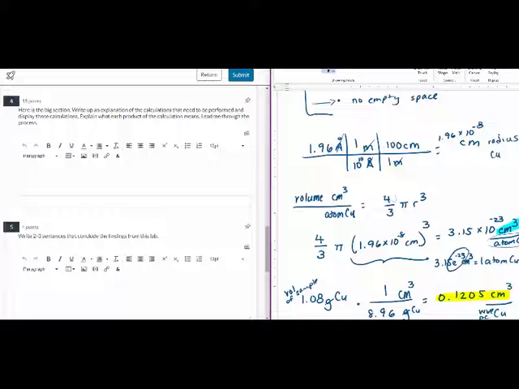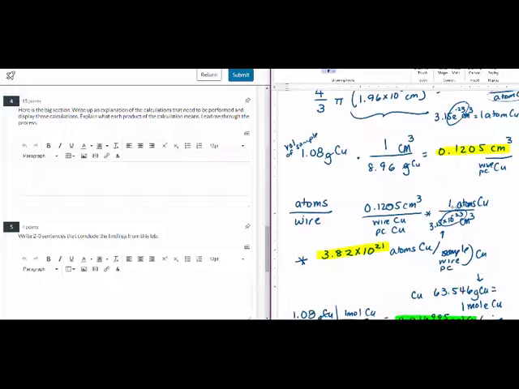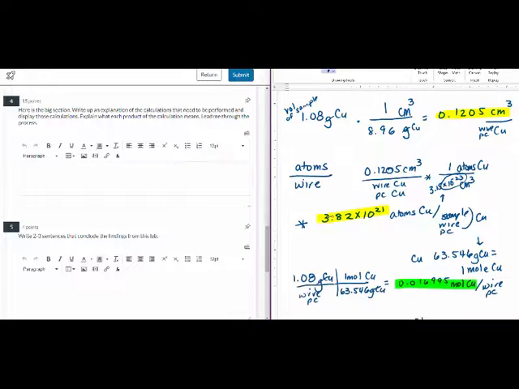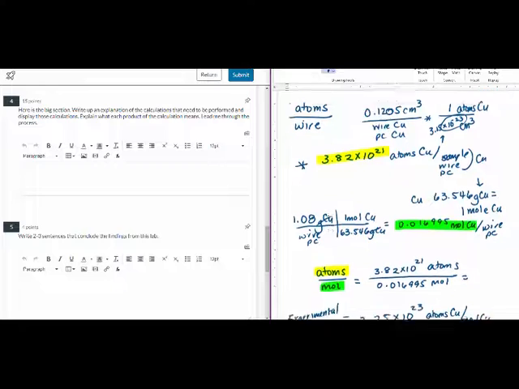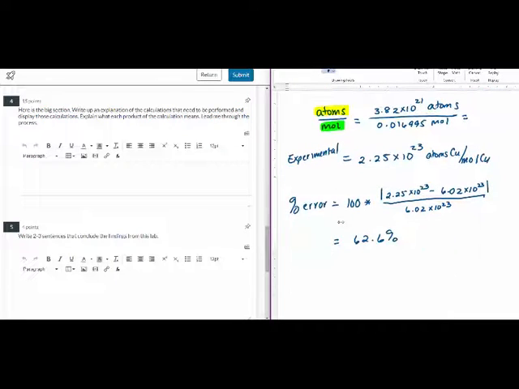The volume of one atom of copper was then assumed to be a rigid sphere using the volume equation, 4/3 times pi times 1.96 times 10 to the negative 8 cubed. The volume of one atom of copper was found to be 3.15 times 10 to the negative 23rd. I don't know. I'm just making it up as I go along. And just walk me through with words how the calculations were performed and what you did to get to where you are.